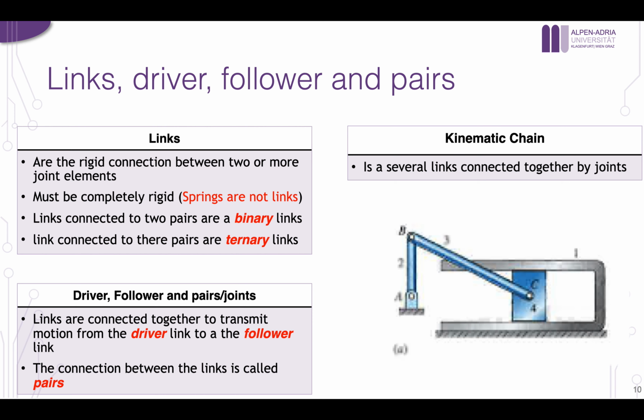For example, in the mechanism on the right side, link 2 is the driver, because if I rotate link 2 left or right, it will transfer the motion to link 3 and 3 to 4, and both would be moving relatively. And the follower comes after; for example, 3 would follow 2, 4 would follow 3. Now the connection between the links is called pairs or joints, so both are correct.